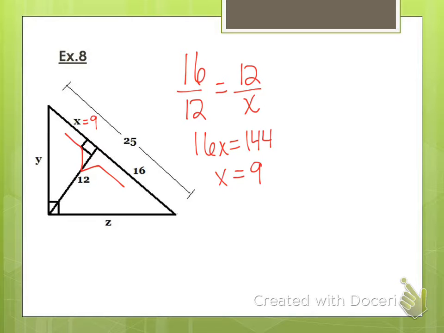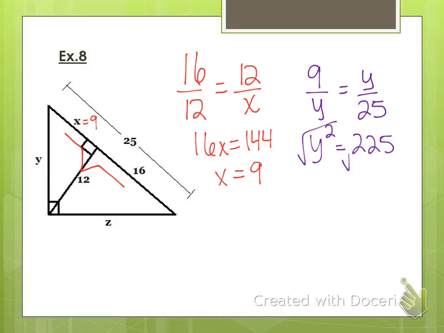Can anybody give me that proportion? 9 over y equals y over 25. Sounds good. Cross multiply. Y squared would equal 225. When we square root it, we get y equals 15.